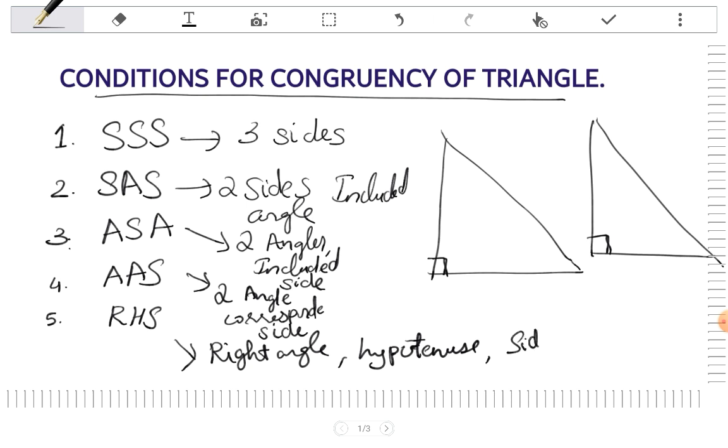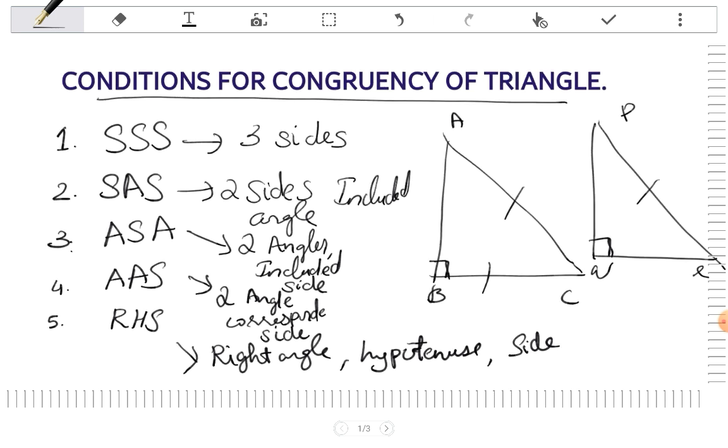So in this figure, triangles ABC and PQR, by seeing this right angle, hypotenuse and side, we can tell that the triangle should be a right angle triangle. Suppose here AC and PR are equal, and for the side we can take AB or BC. So I'll take BC and QR as equal.